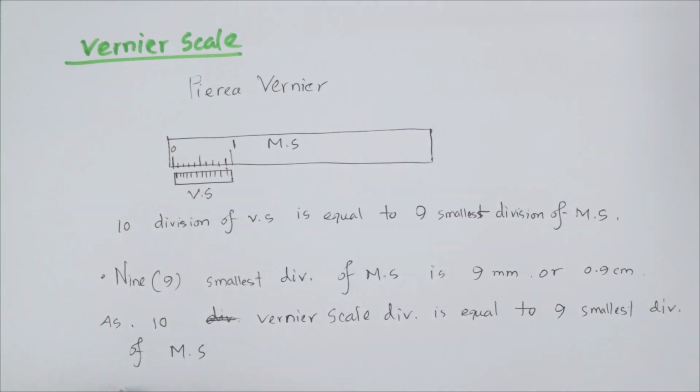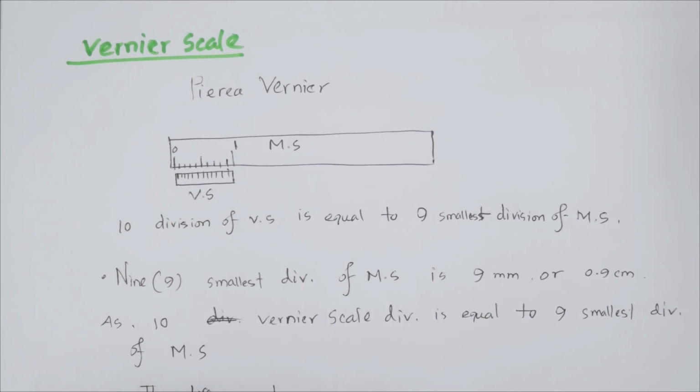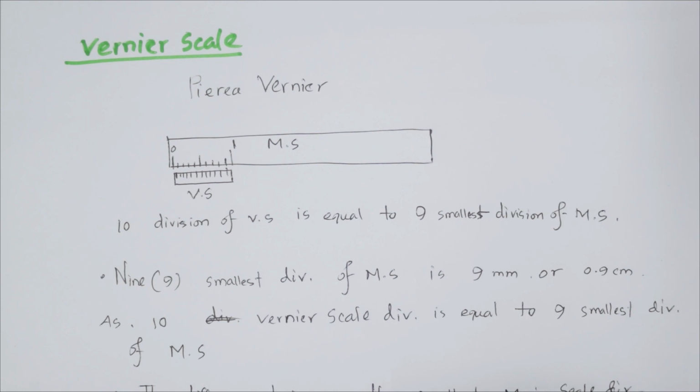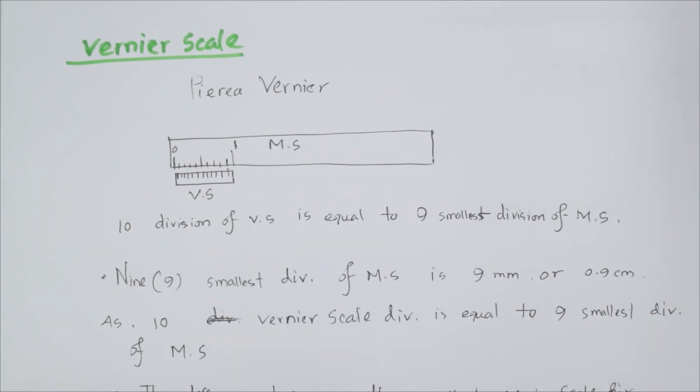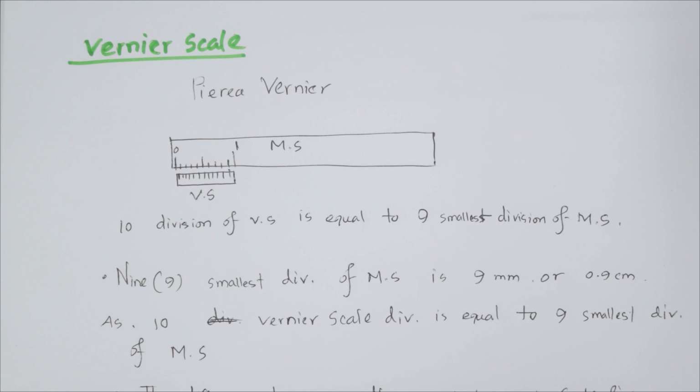So the difference between the smallest main scale division and the vernier scale division is called Vernier constant.